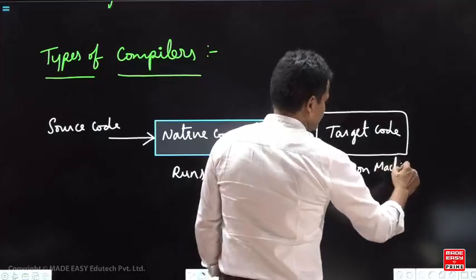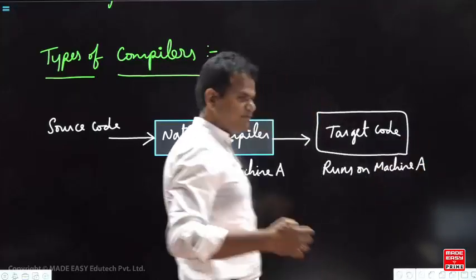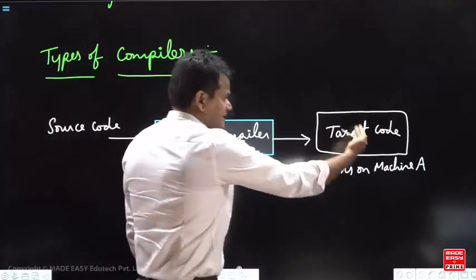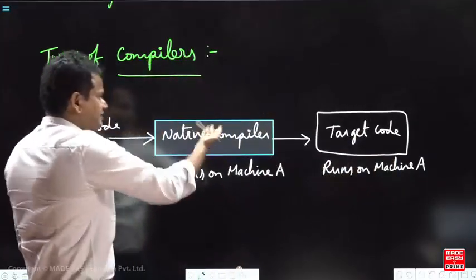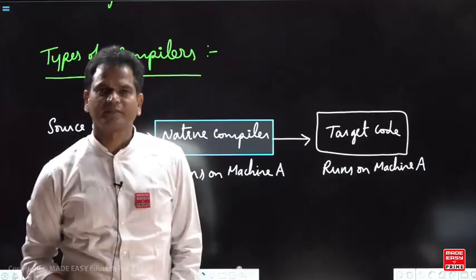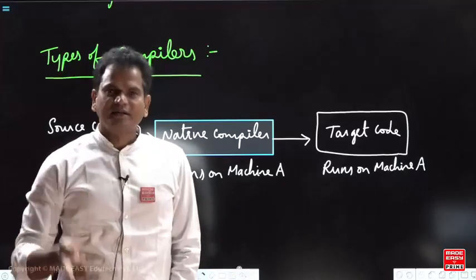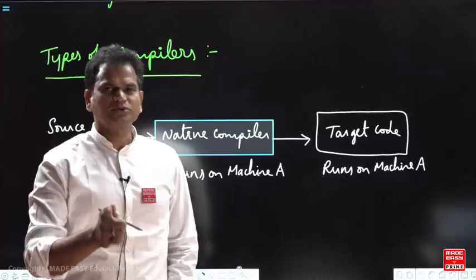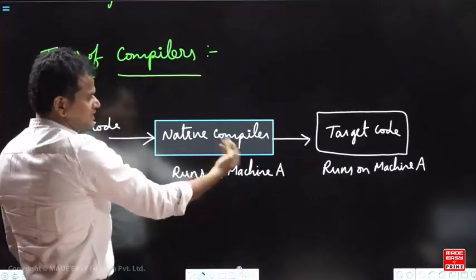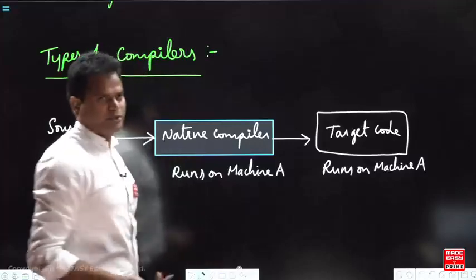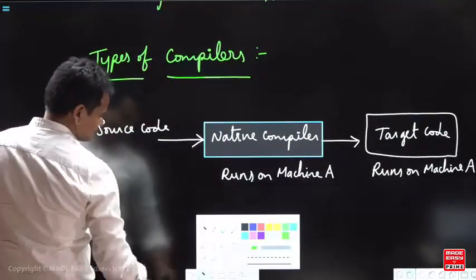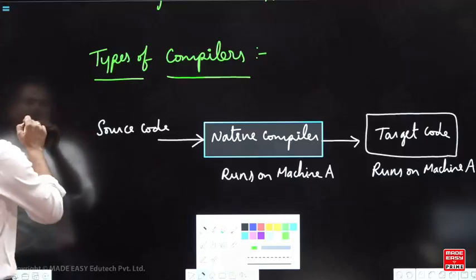Means the native compiler is a compiler which produces the target code that runs on the same machine the native compiler is running on. Wherever this compiler is running, for that same machine only the target code will be produced. This is the native compiler.